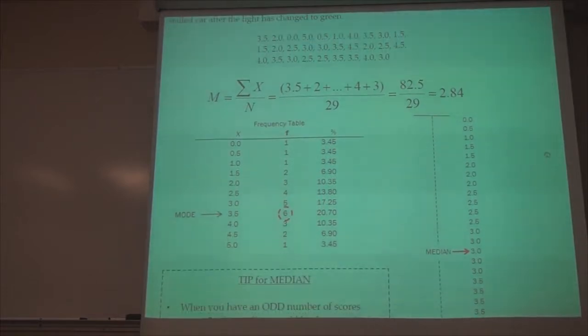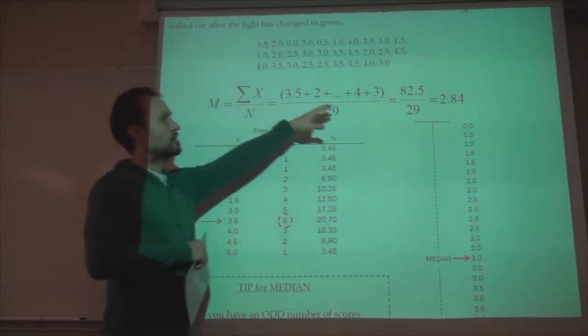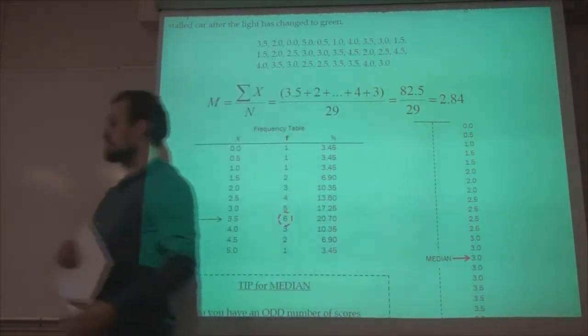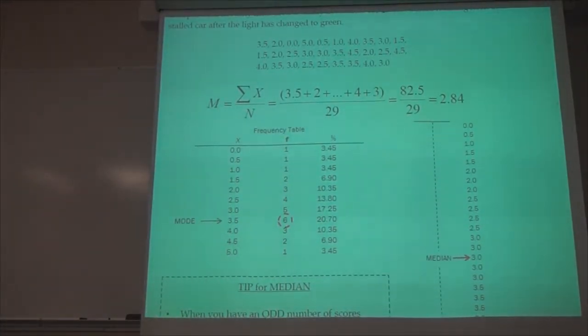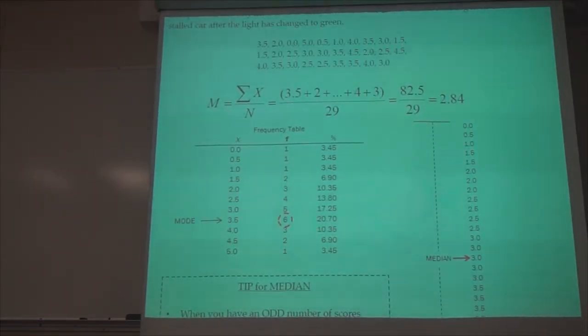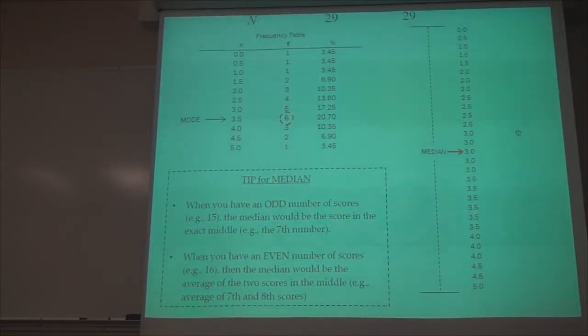What is the median? The median is simply when I rank all my scores from, let's say, smallest to highest, and I look at what is the value that sits in the middle of that list. So the smallest value I get is a 0, the highest value I get is a 5, I put them in order, and I have 29 values.